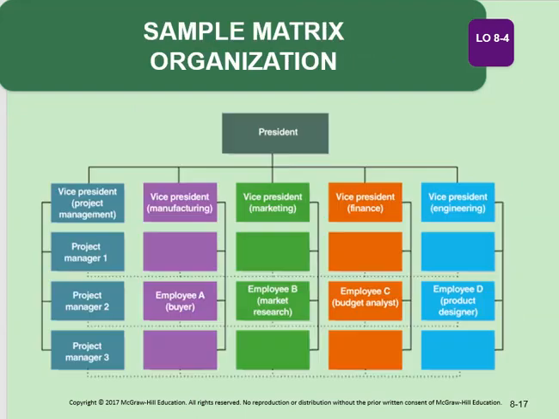So here is a sample matrix organizational chart. You notice that there's departmentalization. Remember earlier we talked about departmentalization. You have the project management, manufacturing, marketing, finance, and engineering. So those are your different departments. But now you might take an employee from each of these departments and put them on a project.